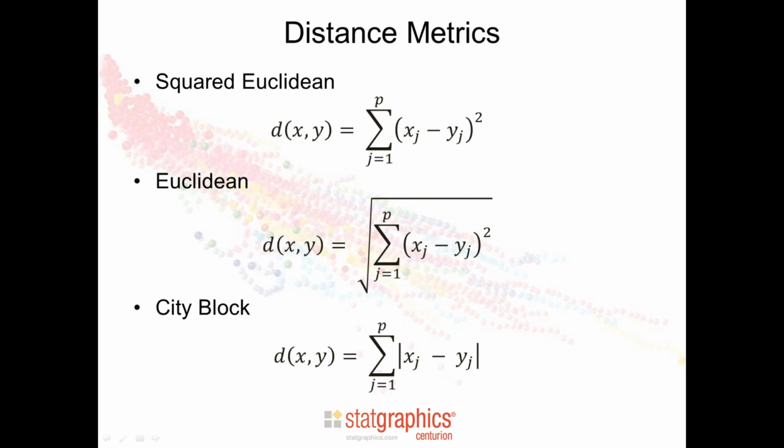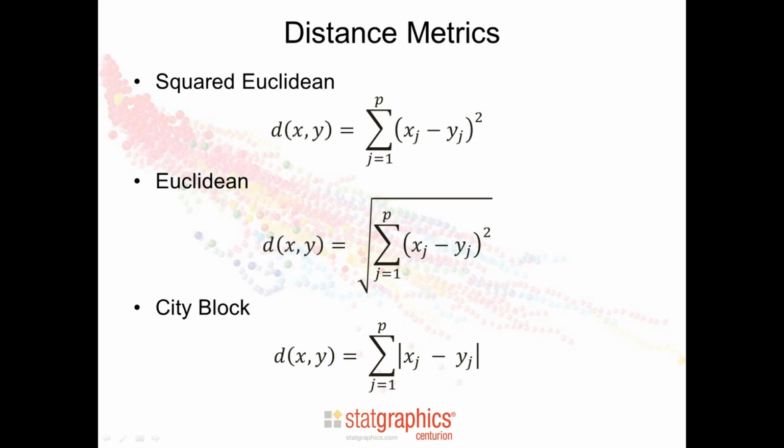Simply sum up across our p variables the difference between the jth variable for observation X and the jth variable for observation Y, squared. A standard measure of distance that you'd be used to in a 3-dimensional space, only extended to 10 dimensions. If we take the square root of that, that's typically called the Euclidean distance. Well, actually, this is the standard distance. The squared Euclidean is the distance squared.